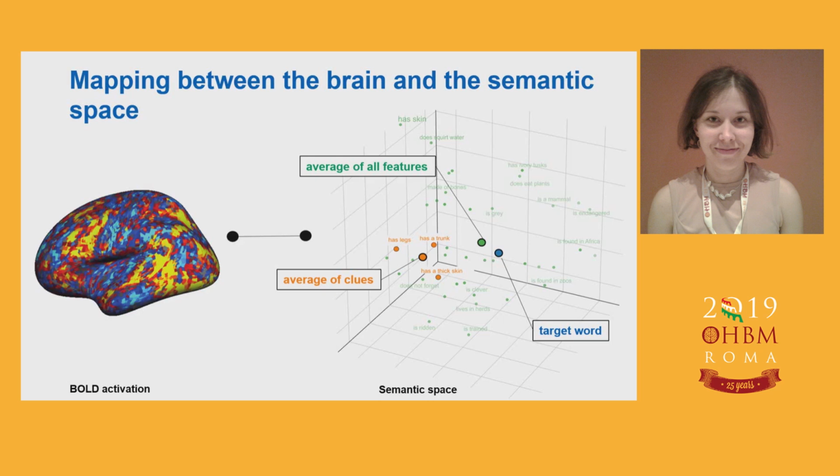And importantly, we compared whether the fMRI signal maps the best to the actual clue features that were shown to the participants, or the average of the actual clue words, or whether it better maps to the combination of all possible feature words associated with the target concept. And the set of features that were associated with the target concepts were extracted from an existing behavioral production norm set from Cambridge.